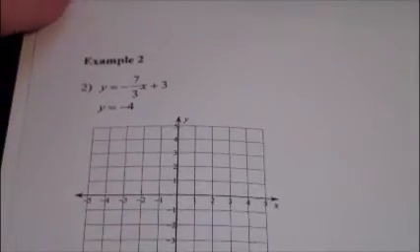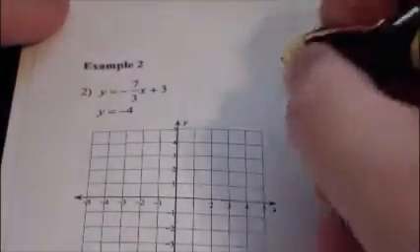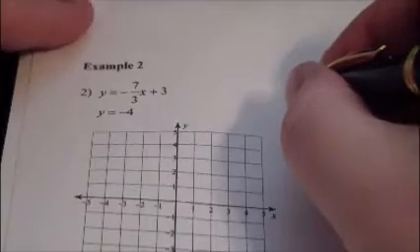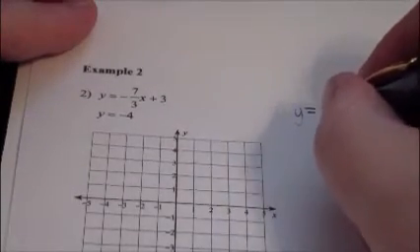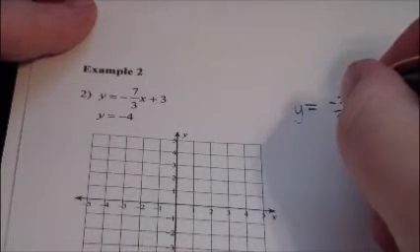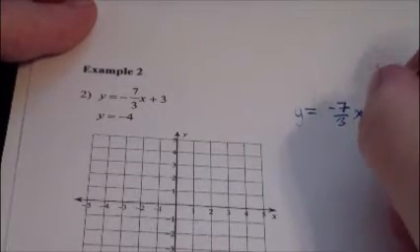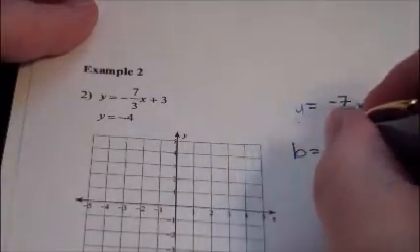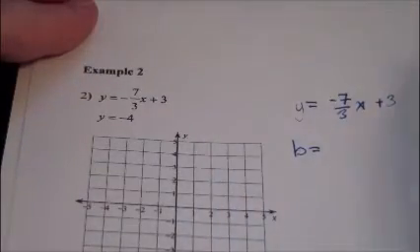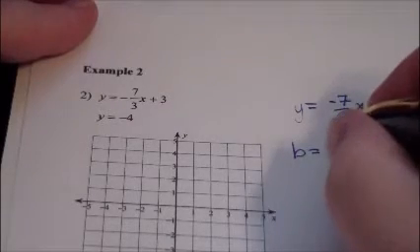So let's write them up. Alright, starting off, we have y is equal to negative 7 over 3 x. y equals mx plus b, which in this case is 3. Identify our y-intercept, the place where we cross the y-axis. Well, b is 3.